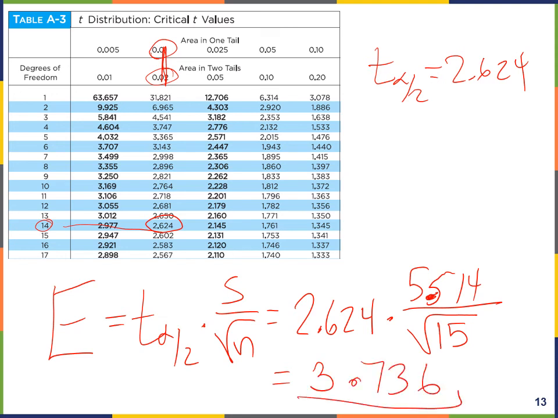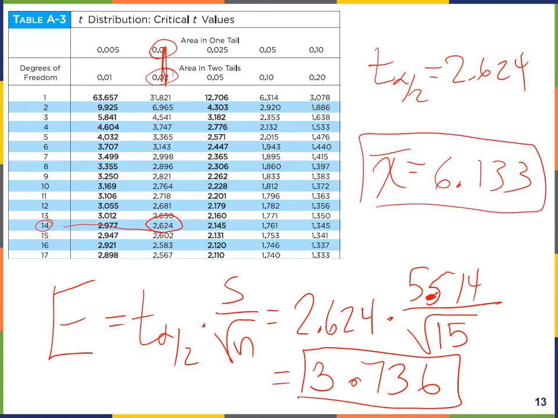All right. So once we have our error, and if you remember, our mean from our sample was 6.133, we can create our confidence interval. Remember, we're estimating the mean of the population, the average number of hours all statistics students watch TV in the course of a week. This was our sample value, and we're going to say, well, that's probably pretty close to the population value, about 6 hours.